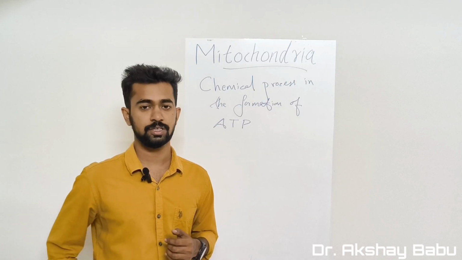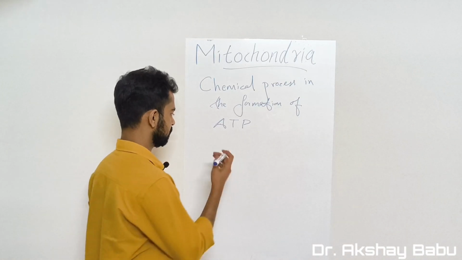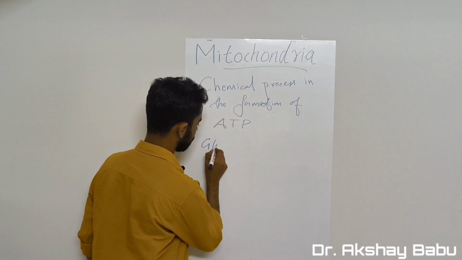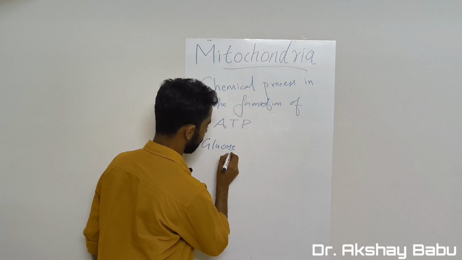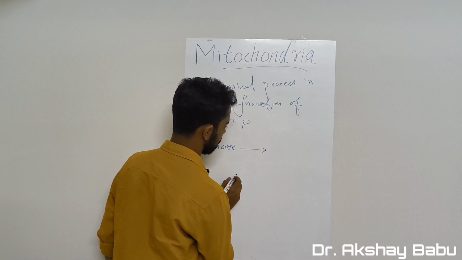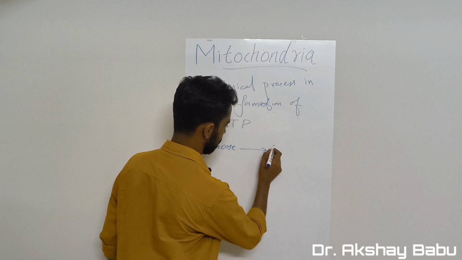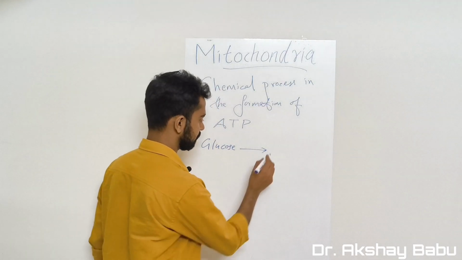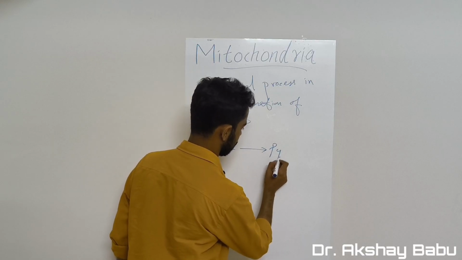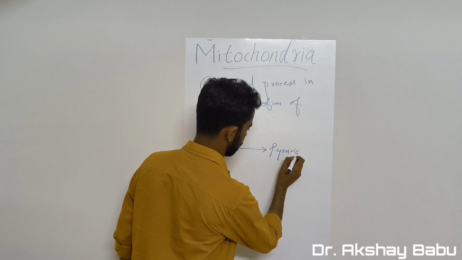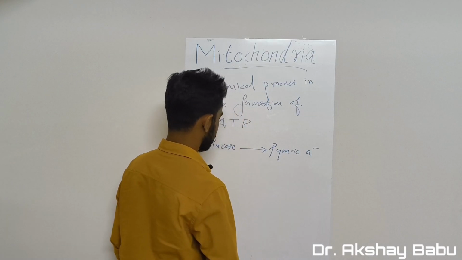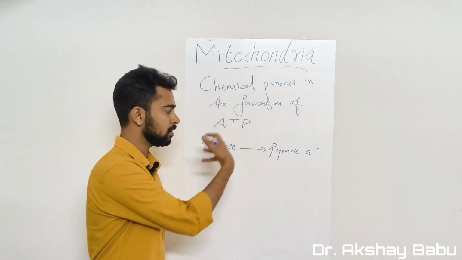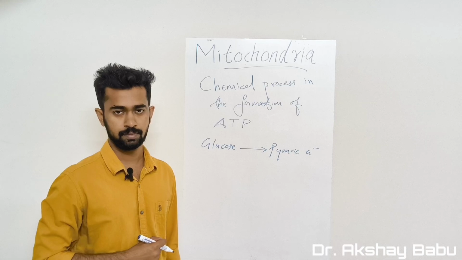So I will write the reaction. Glucose, after entering into the cell cytoplasm, so this occurs in the cytoplasm, will be converted to pyruvic acid.